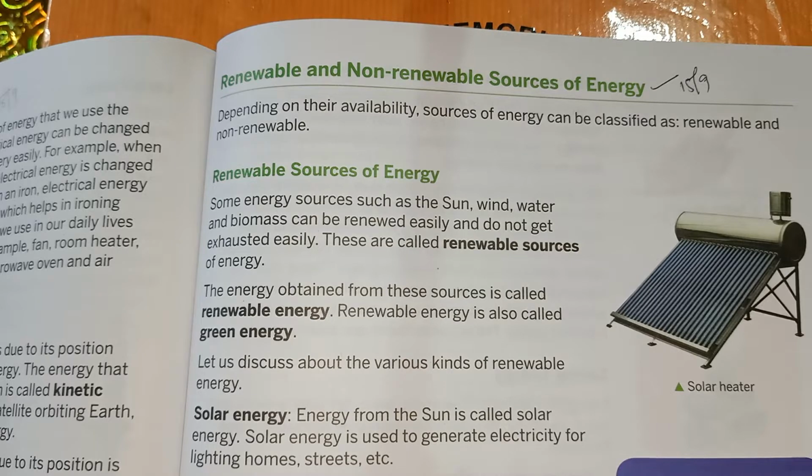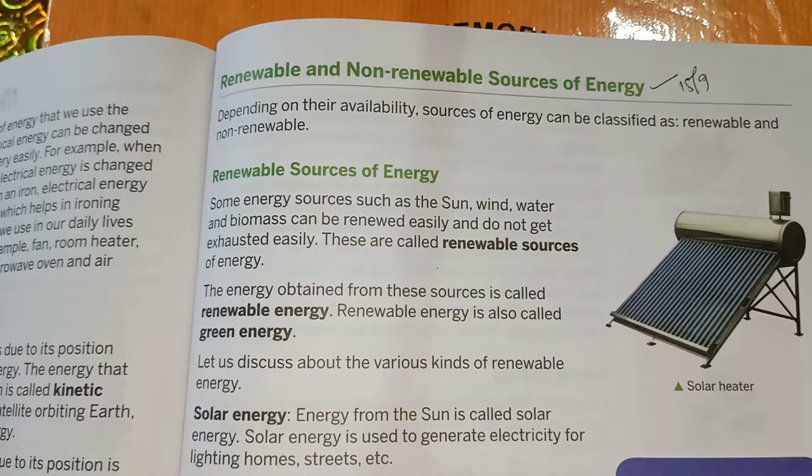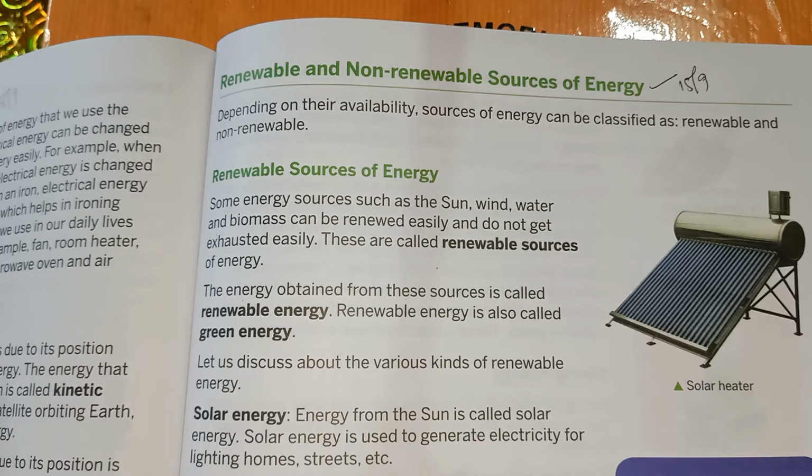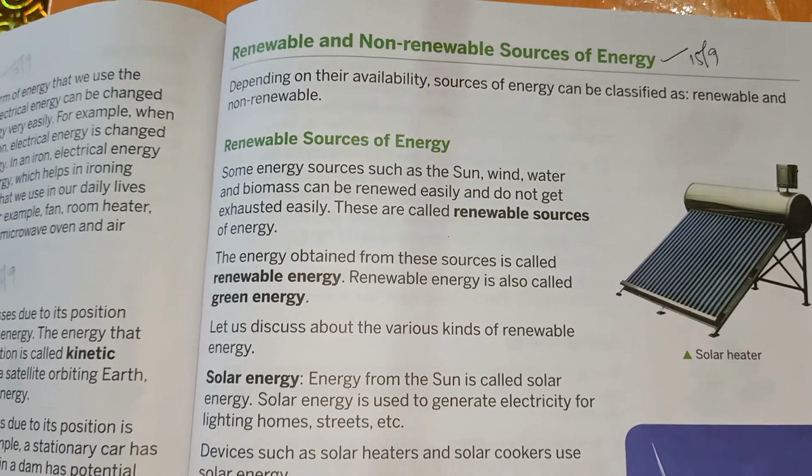The energy which we get from renewable sources is called renewable energy. Renewable sources means those sources which can be renewed easily and do not get exhausted. They are the natural sources of energy, and the energy which we get from these renewable sources is known as renewable energy.